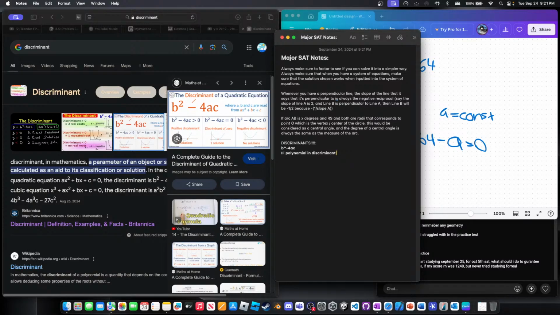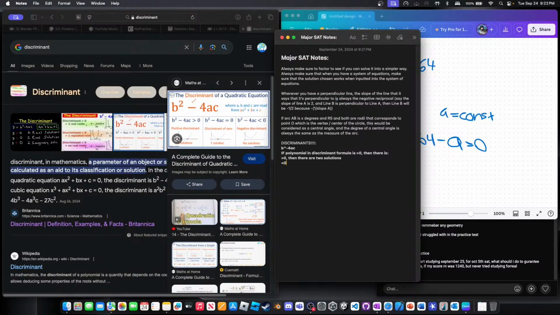If the discriminant formula is greater than 0, then there are two solutions.